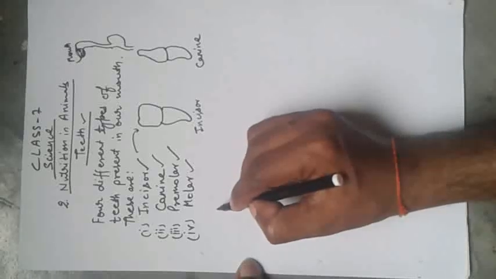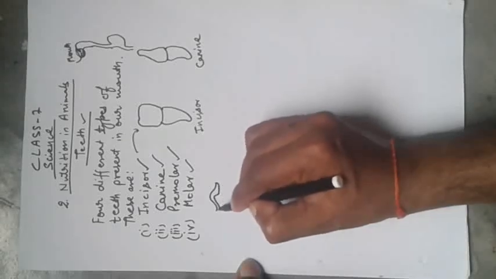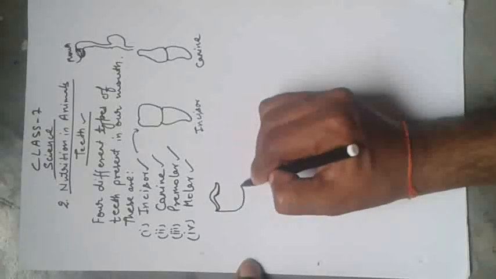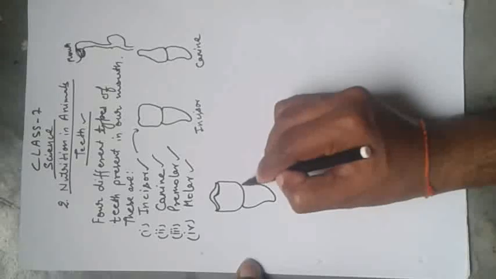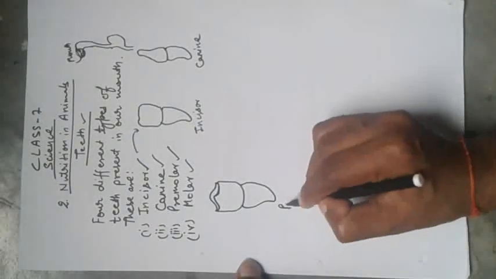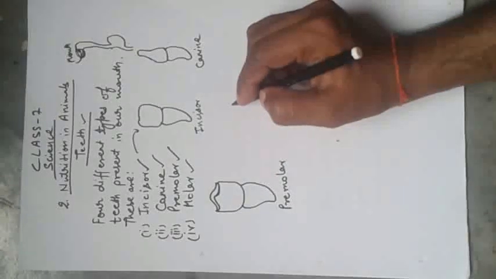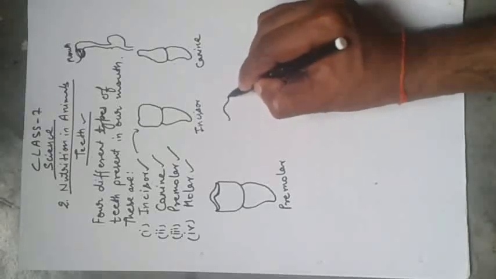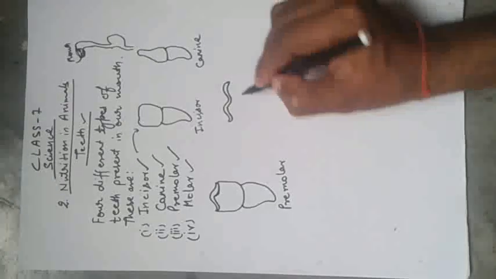And next one is premolar. And the last figure of the different types of teeth is molar. It is in this shape.